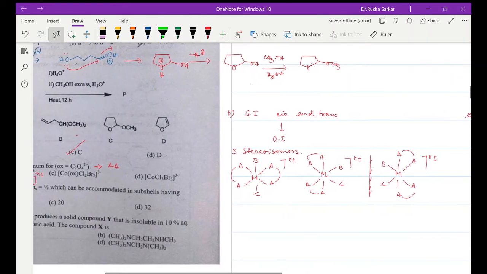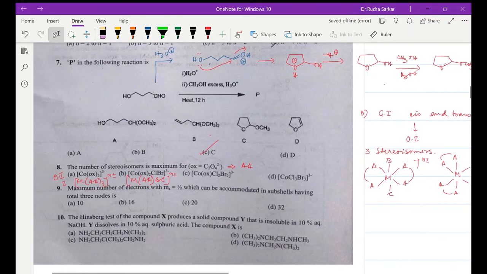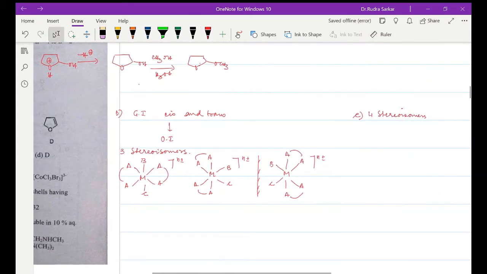All right, and those can be, so this is of what type? We will say this is MAA B2C2 type. So for that, obviously this also will have a cis and trans isomer.